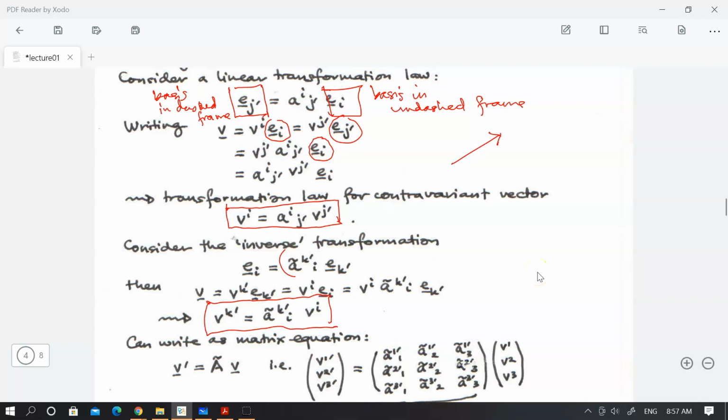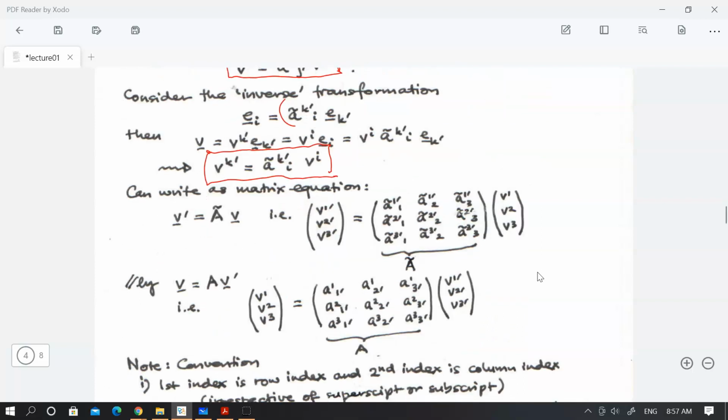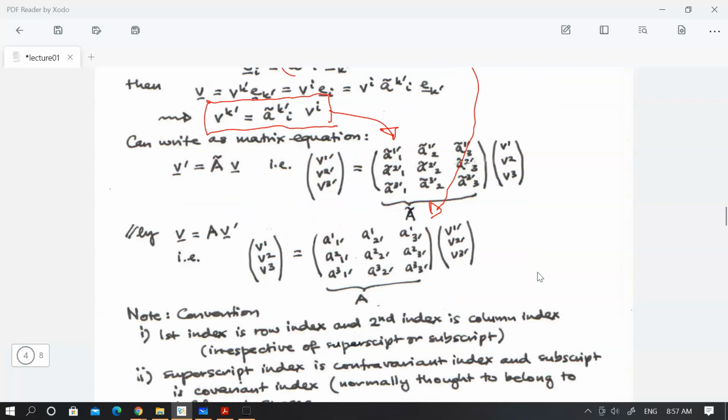If you like, we can always write this as a matrix equation. As I mentioned, it's supposed to be a matrix anyway. So this would be this one here, and this one corresponds to that. So this A tilde is this matrix, and this A is this matrix.